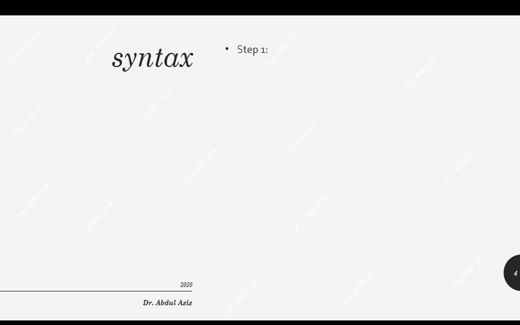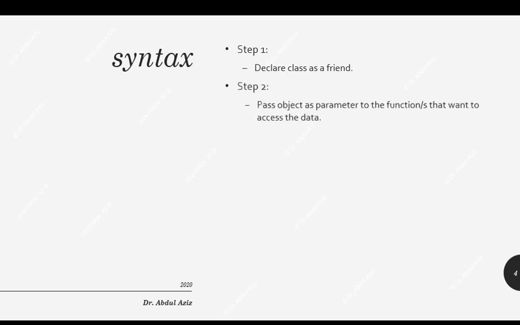Step one, we need to declare the class as a friend, and secondly, we need to pass the object as a parameter to any function which we want to access data in this particular class.